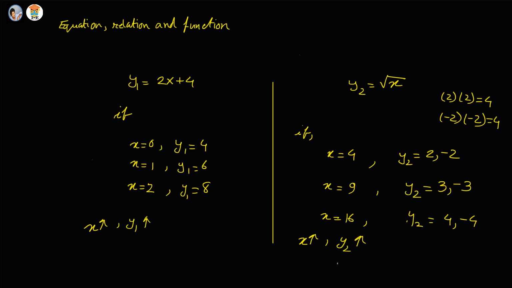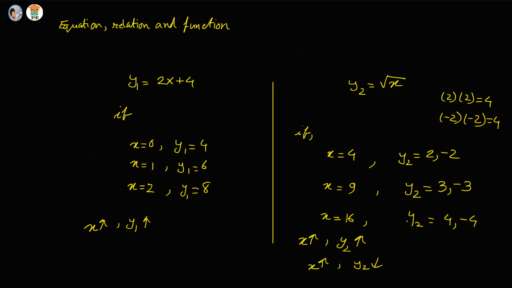But if we take the negative values, y2 becomes minus 3 from minus 2 and from minus 3 to minus 4 as the value of x increases. So for the negative values of y, as x increases, y2 decreases.